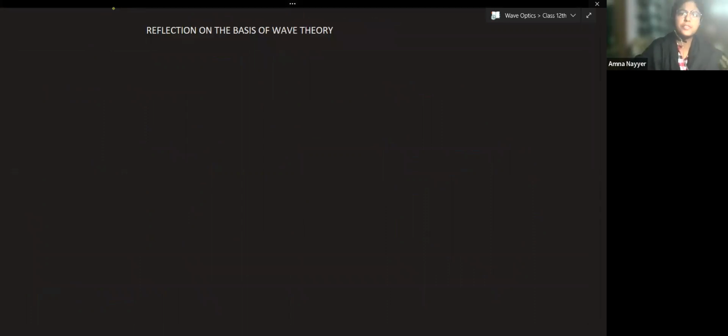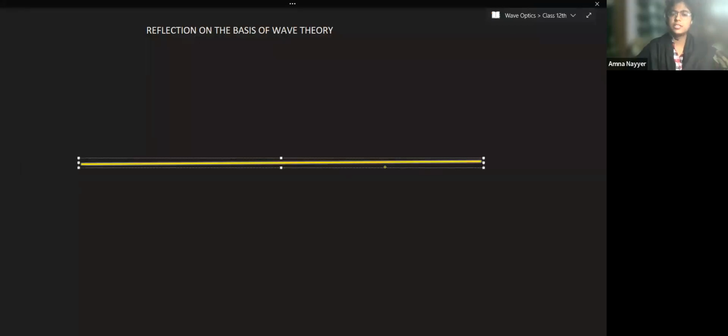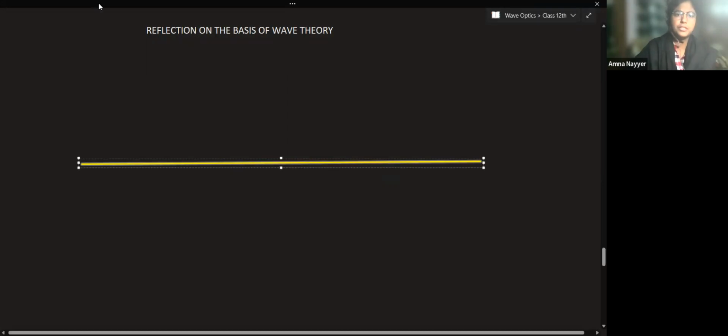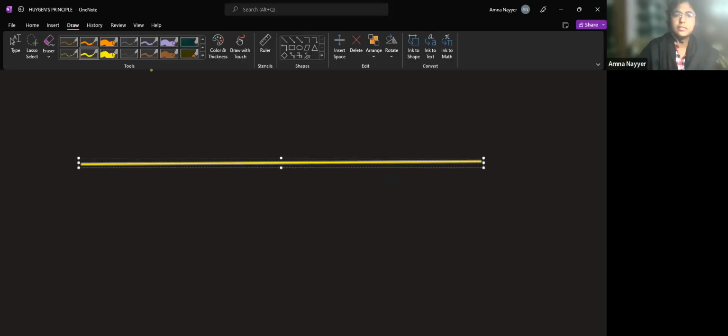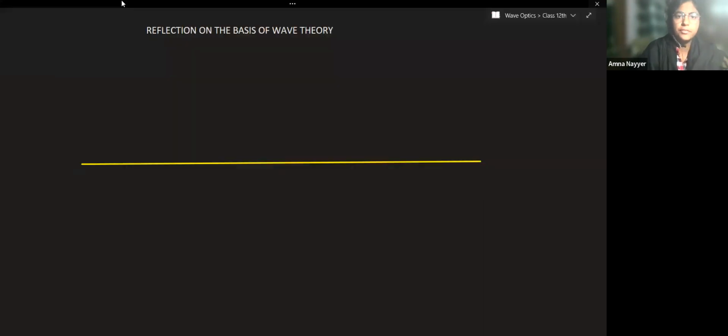This is reflection on the basis of Huygens' theory. This is wave theory. So see, the rest of the part is simple mathematics. This is not difficult. Just understand this patiently, and you will be able to relate it. See, let's say this is some incident wavefront.